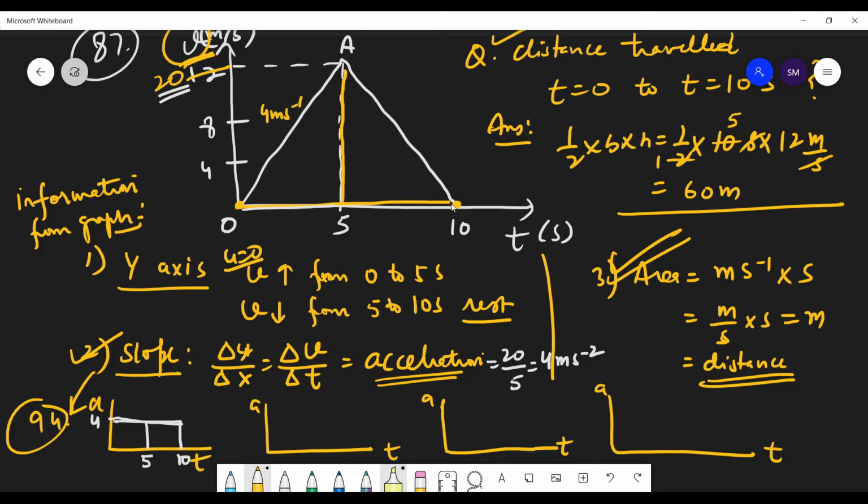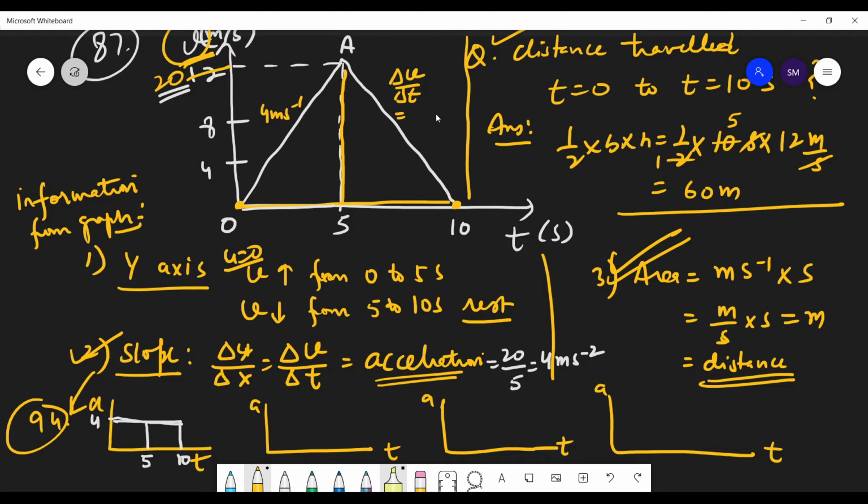Again, in the second part, what is change in velocity upon change in time? What is the change in velocity, students? What is the final velocity? Final velocity is 0. In this case, I am talking about this part.